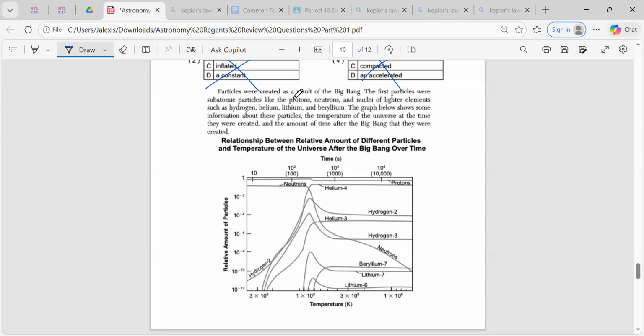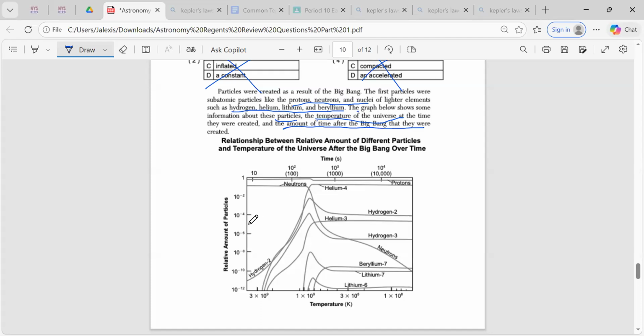So it says particles were created as a result of the Big Bang. The first particles were subatomic particles like the protons, neutrons, and nuclei of lighter elements such as hydrogen, helium, lithium, and beryllium. The graph below, so now it's telling me what the graph is showing me. It's showing me some information about these particles, the temperature of the universe at the time they were created, and the amount of time after the Big Bang that they were created.